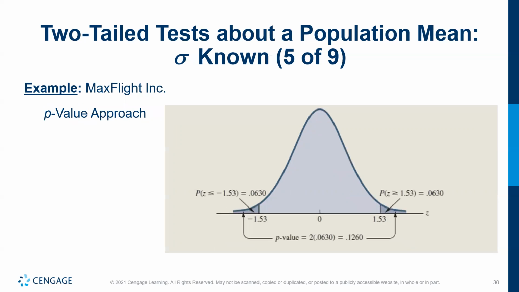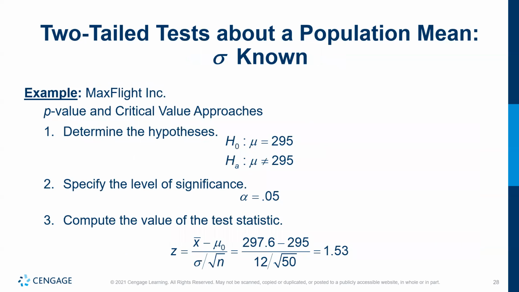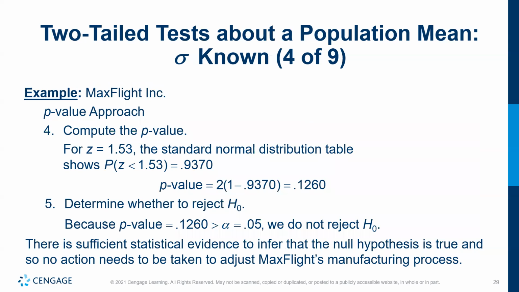And so if we go back to the probability one, I guess what's confusing me is the way they have this laid out on here. We come up with the test statistic. From there, we compute the probability, and we say the probability of getting a Z of 1.53 on a two-tailed test is going to be 0.1260 on either side.